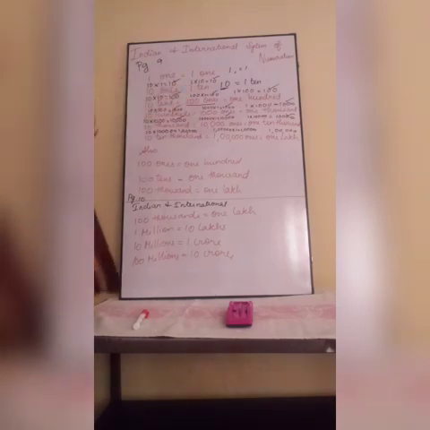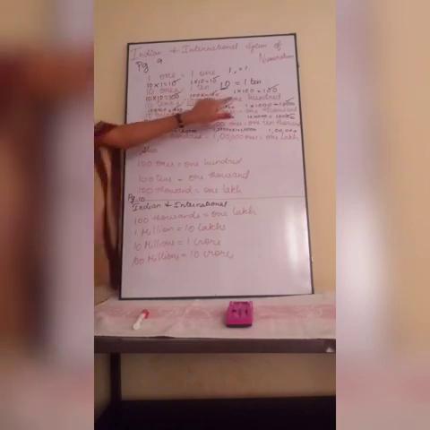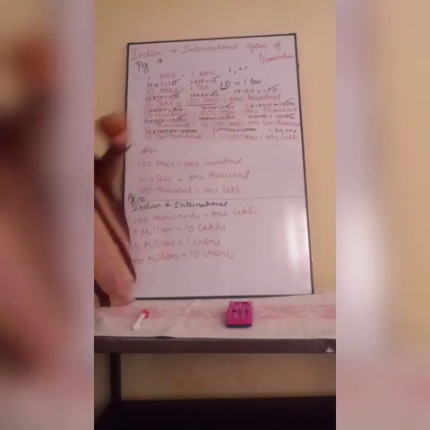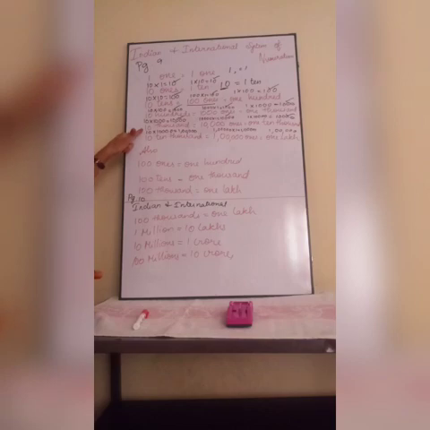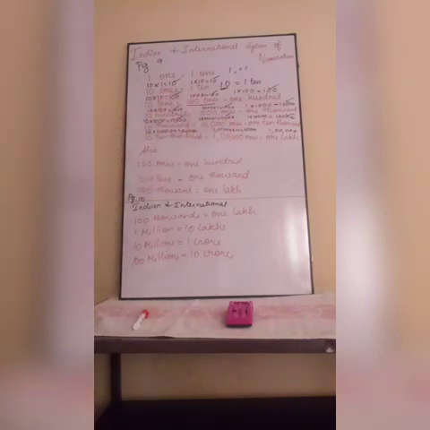10 ones is 10. 10 tens is 100 ones or 100. Next, 10 hundreds mean 1000 ones or 1000. Next, 10 thousands means 10,000 ones or 10,000.